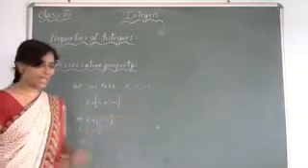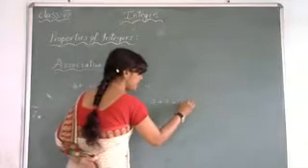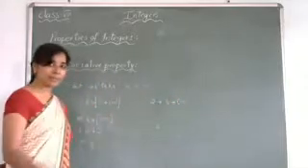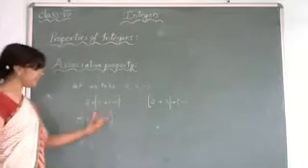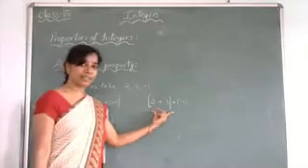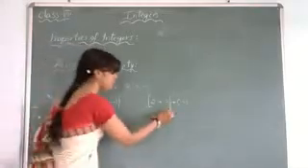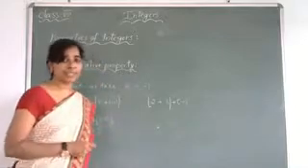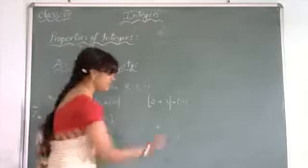In another way I will add. The same three integers are written like this, but now I am keeping the bracket for the first two integers. First we add the numbers in the bracket. 2 plus 3, how much? 5.